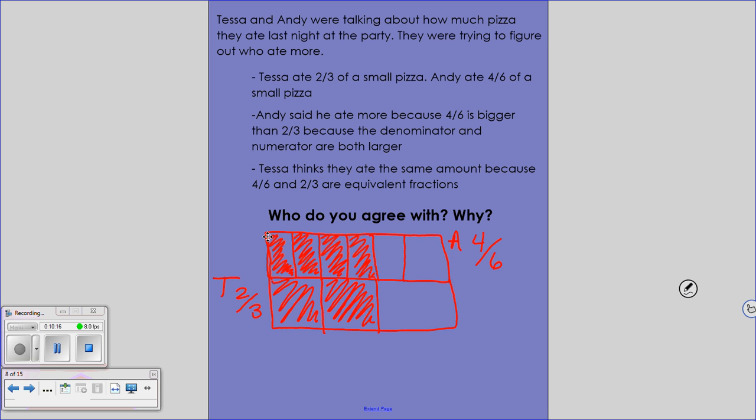Good. So Kaylin was thinking at first, well, I see that Andy has 2 pieces to go, where Tessa only has 1 piece to go. So maybe that has something to do with it. Kinda. But if we look at just the unshaded amount, whether it's 2 pieces or 1 piece, they're worth the same amount. You see what I'm saying? So that was a good thought, Kaylin.